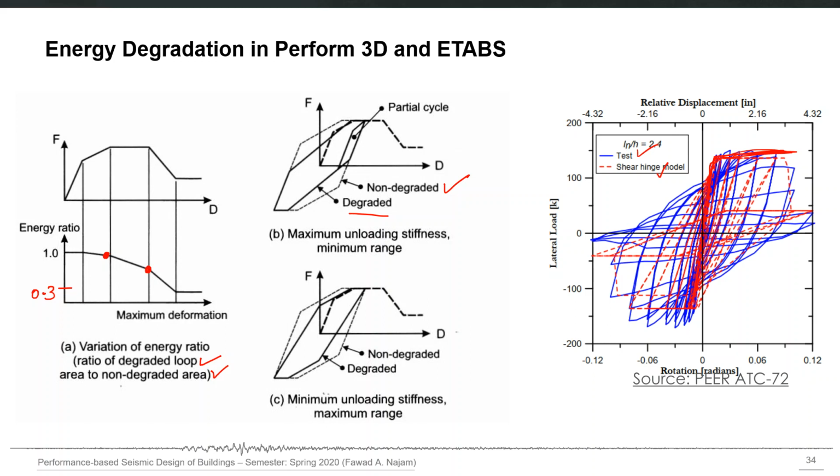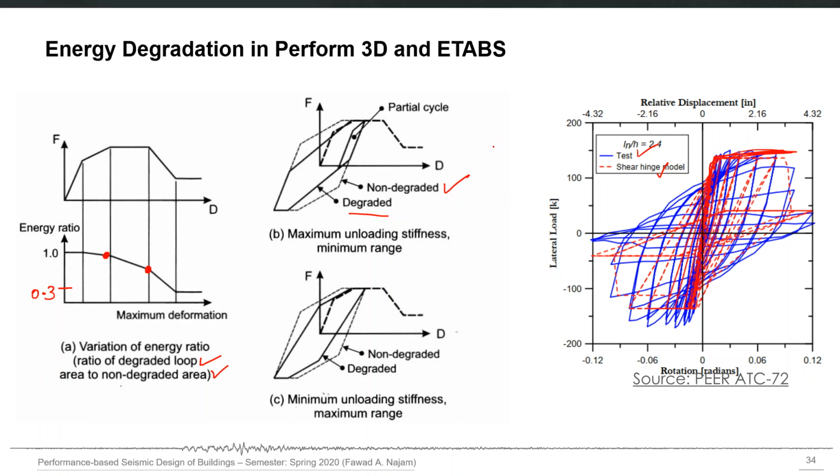So ASCE 41 helps us if you talk about the plastic hinge modeling approach. But if you are going for the fiber modeling approach, then you can account for the degradation using the energy degradation factor, and there are certain hysteretic behaviors or models which are available by default in ETABS, and you can select a suitable hysteretic behavior and assign it to your backbone.